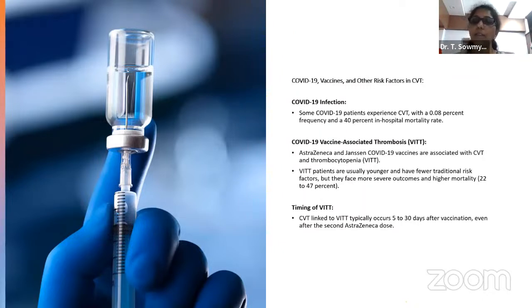And COVID-19 vaccine thrombosis has also been observed, which is more with AstraZeneca, our Indian Covishield, and Janssen. This is similar to heparin-induced thrombocytopenia. The timing of vaccine-induced thrombosis is 5 to 30 days after vaccination, and it was observed even with the second dose of AstraZeneca.